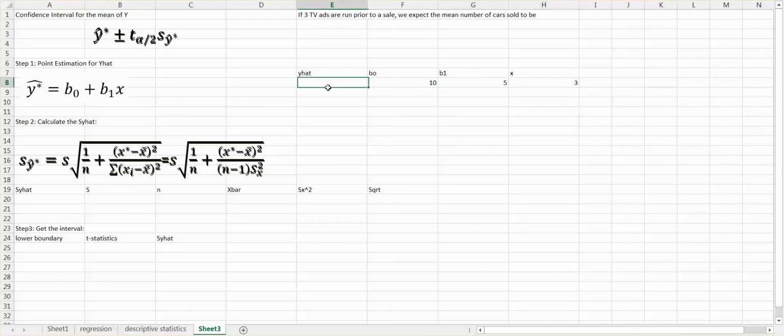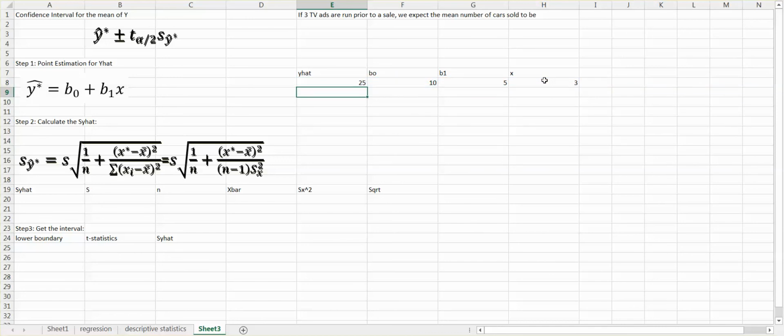Now we can get our estimated value for y hat, which we will use to calculate our confidence interval. Type in the equals sign, and Excel will help you calculate y hat. Based on this equation, y hat equals b0 plus b1 times our x.